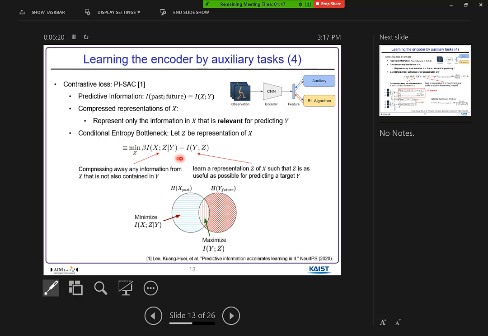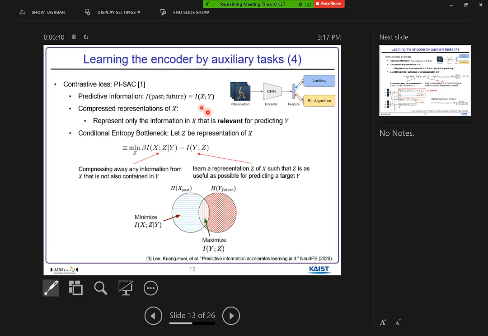It is basically this equation. H and Y here, you can easily understand as the current and next state, and Z here is the representation.